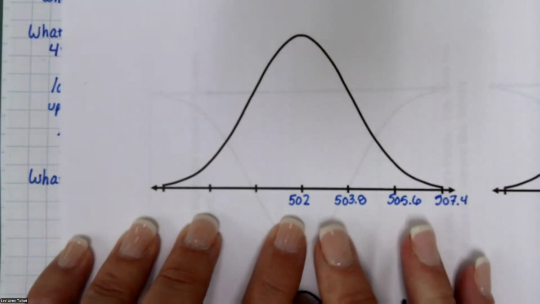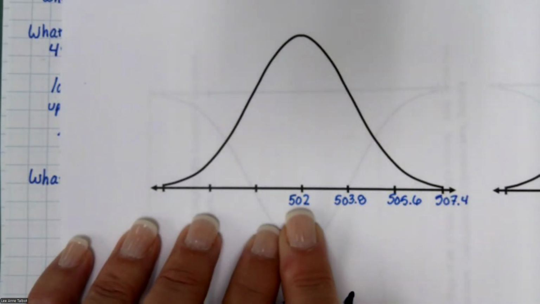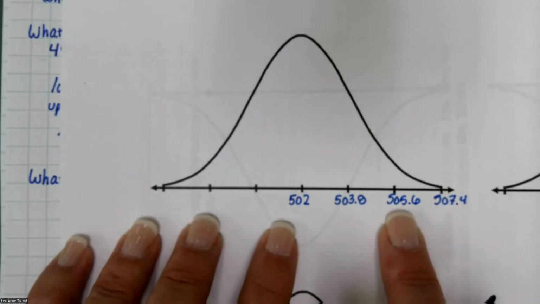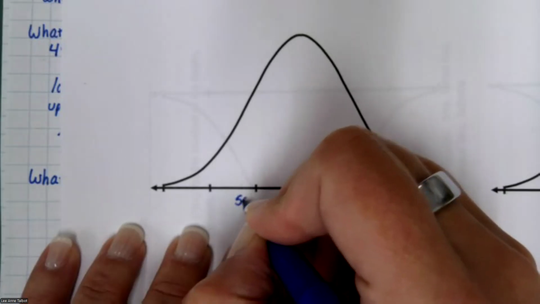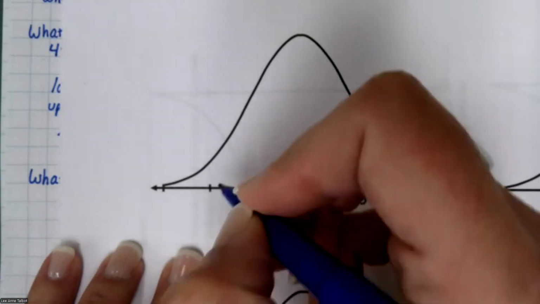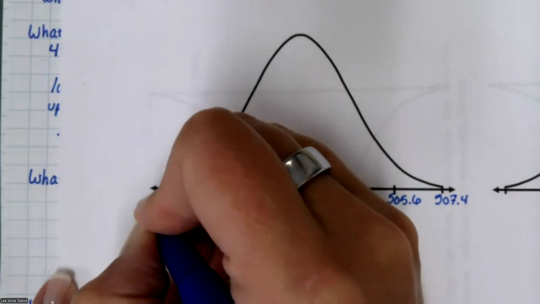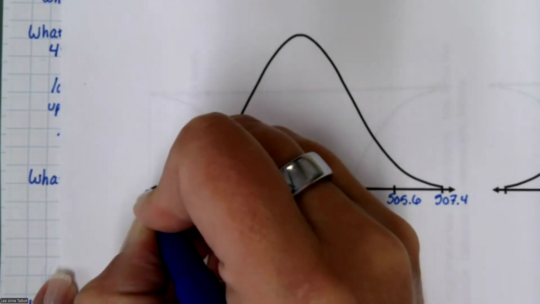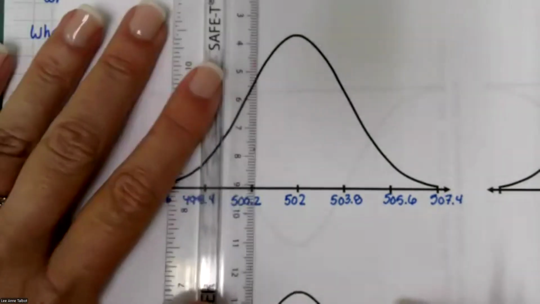Do you guys understand where these numbers are coming from? So from Wednesday, we're given a mean of 502 and a standard deviation of 1.8. So I went up 1.8, up 1.8, up 1.8, and then I went down 1.8. Down 1.8. Okay, so now I'm going to take my straight edge and locate about where 500 is.